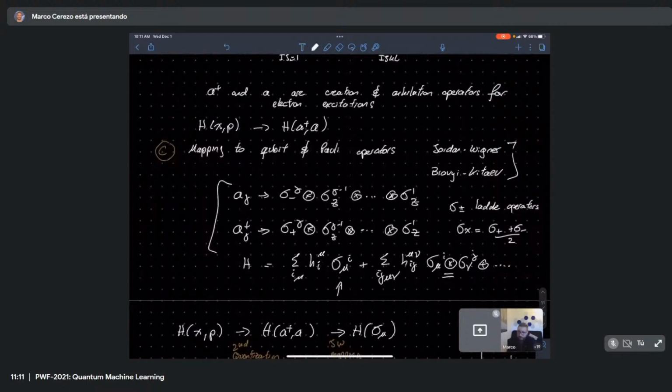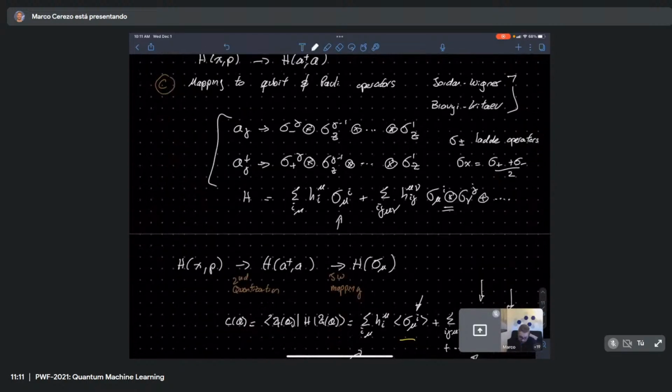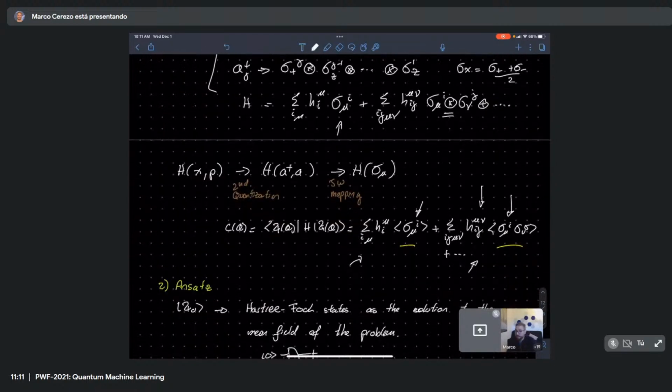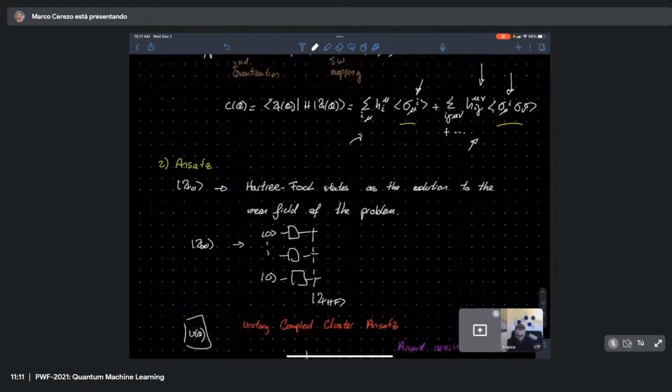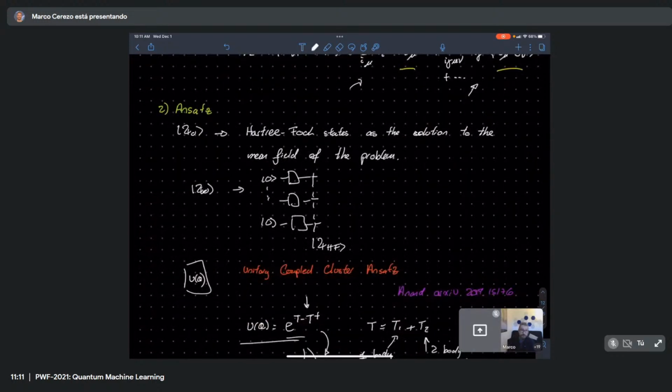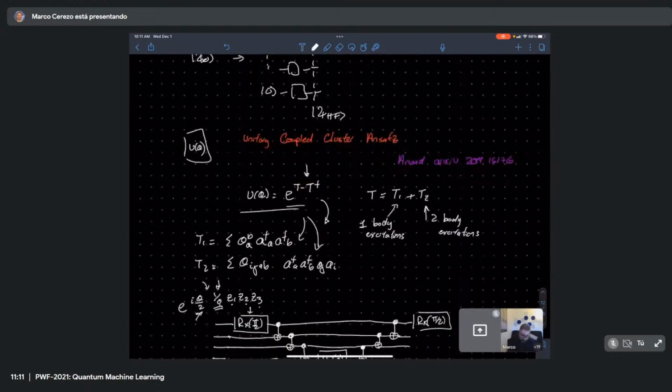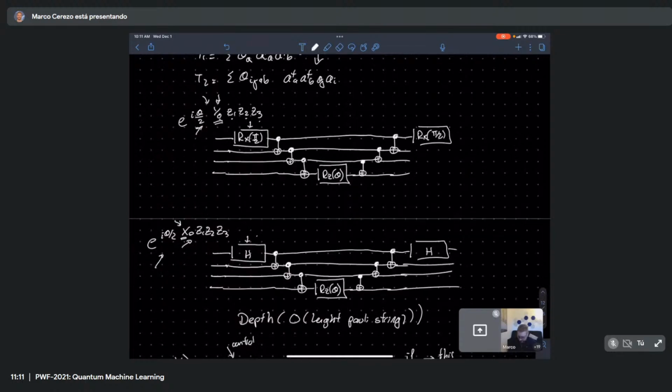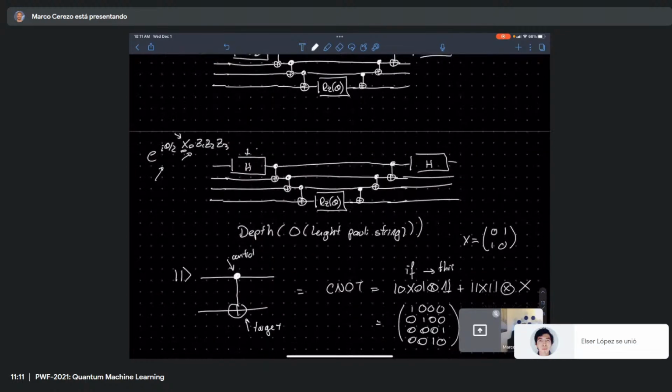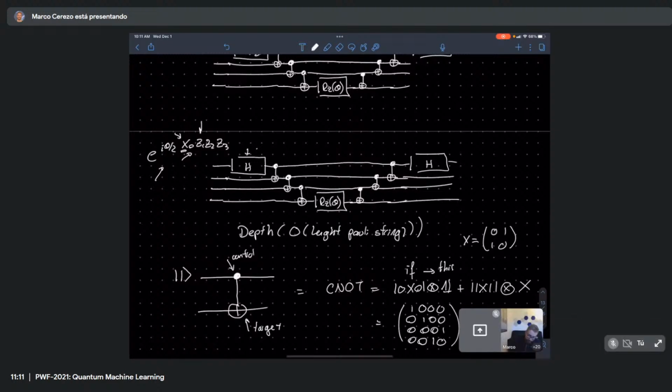He mentioned the Jordan-Wigner, the Bravyi-Kitaev transformation, and all this mapping that we have to do to be able to take a problem that is intrinsically a molecular Hamiltonian problem and map it into a Hamiltonian that we can measure in a quantum computer. Then we saw that the quantum circuit that we're going to build for this case is called the unitary coupled cluster ansatz, and it leads to circuits that sort of look like this whenever we have to exponentiate those operators that we're going to be calling Pauli strings.